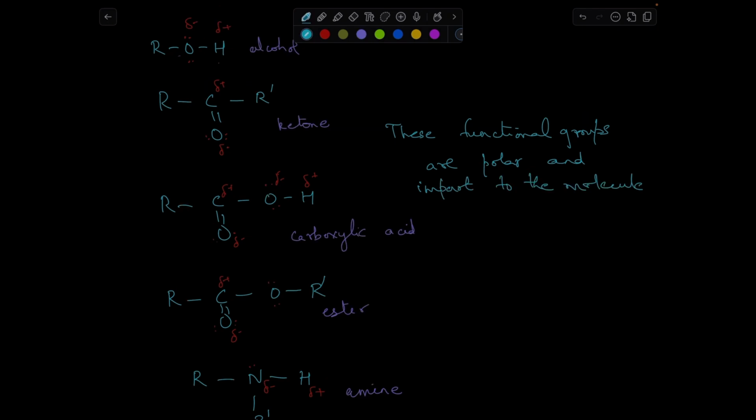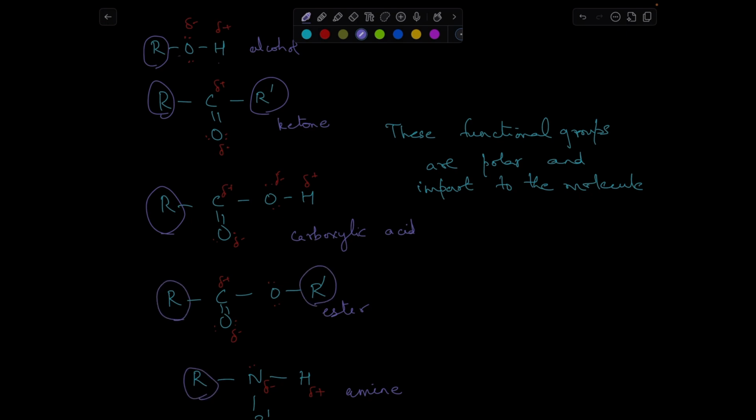So, to determine whether a given organic compound is soluble in water or not, we have to weigh the polarity imparted by these functional groups against that of the hydrocarbons, which are nonpolar.